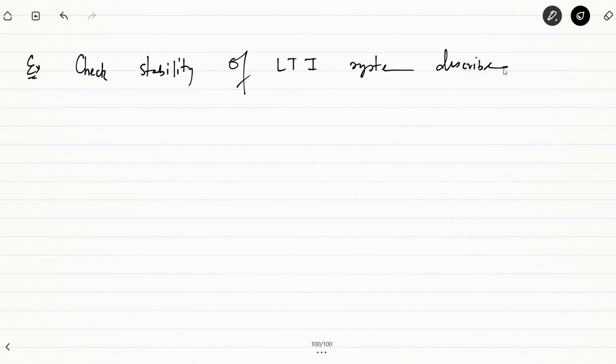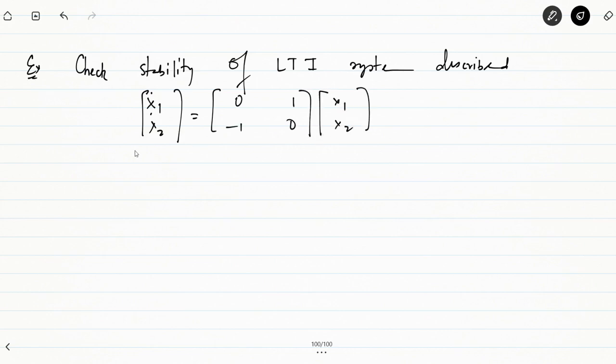I have been given an LTI system described by x1 dot, x2 dot equal to 0 1, minus 1 0, times x1 x2. So you have the A matrix here, 0 1, minus 1 0.